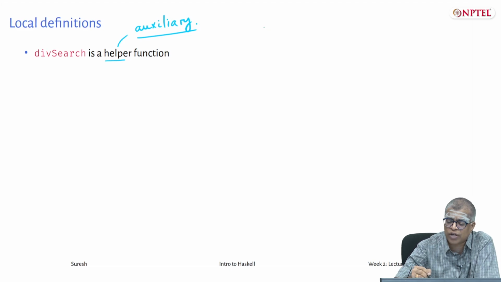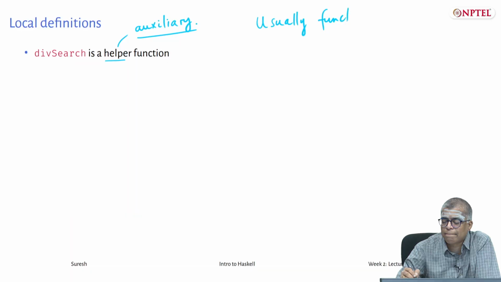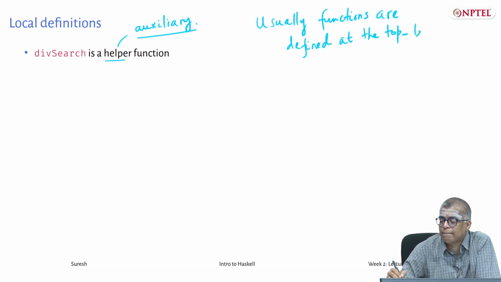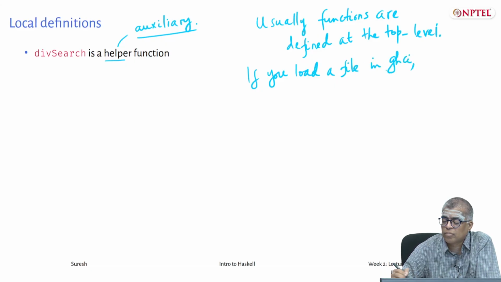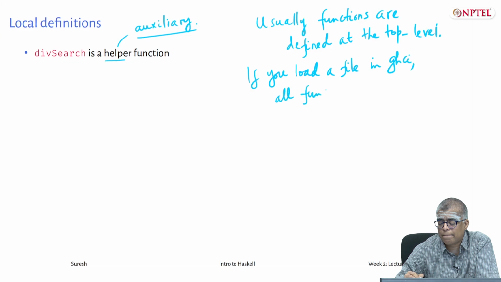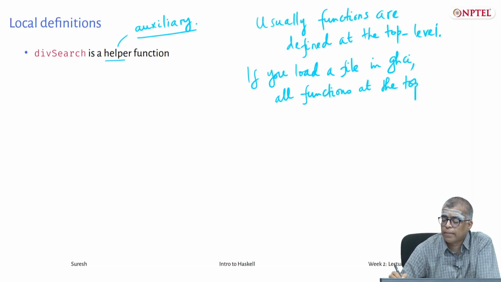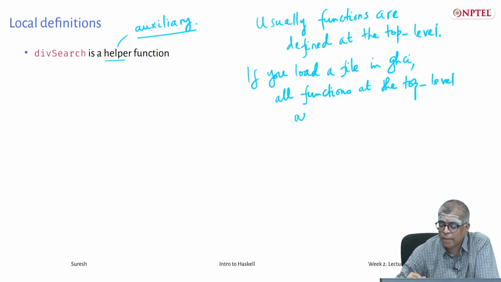So usually functions are defined at what is called the top level. If you load a file in GHCI, all functions at the top level are visible.